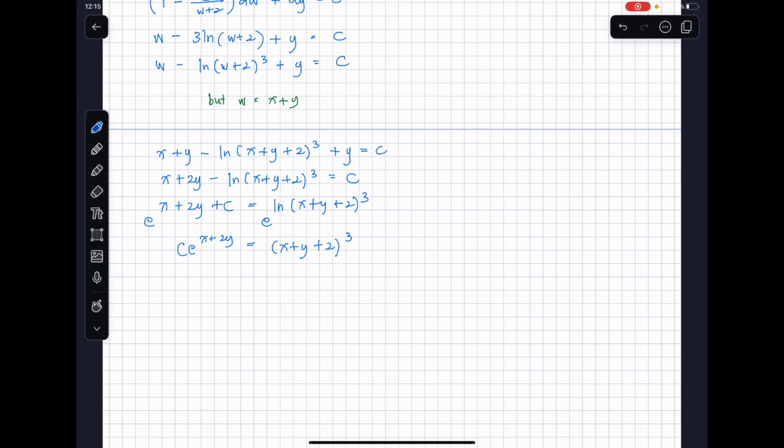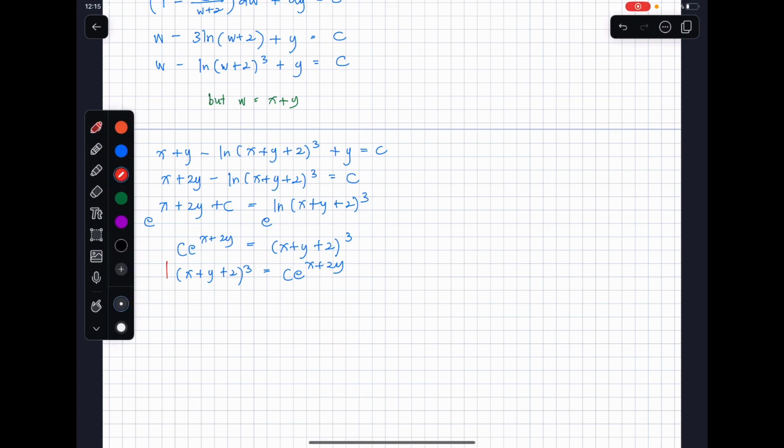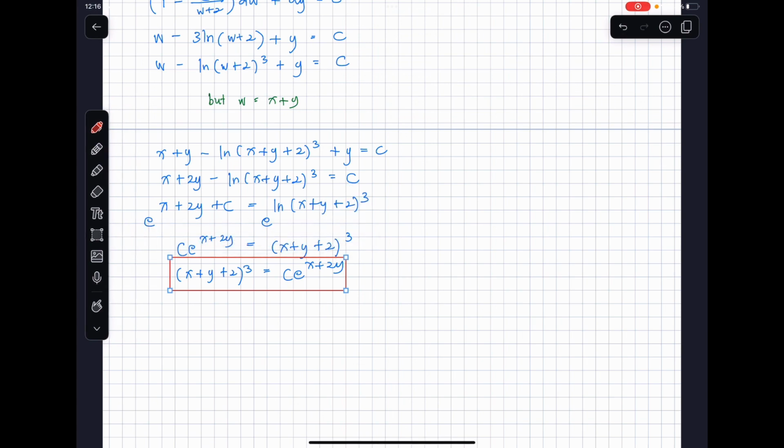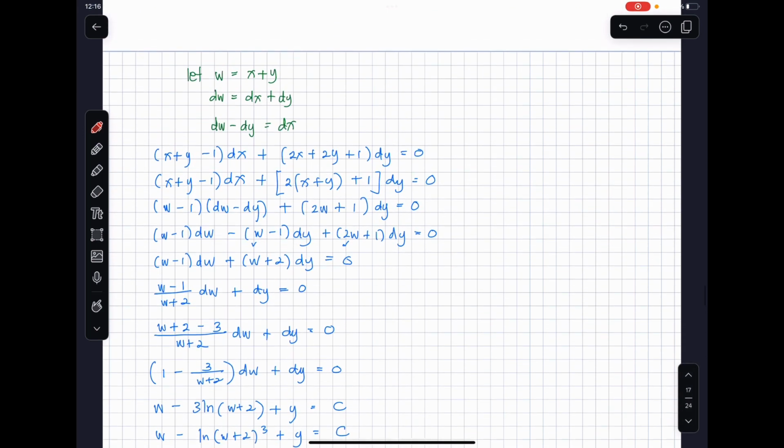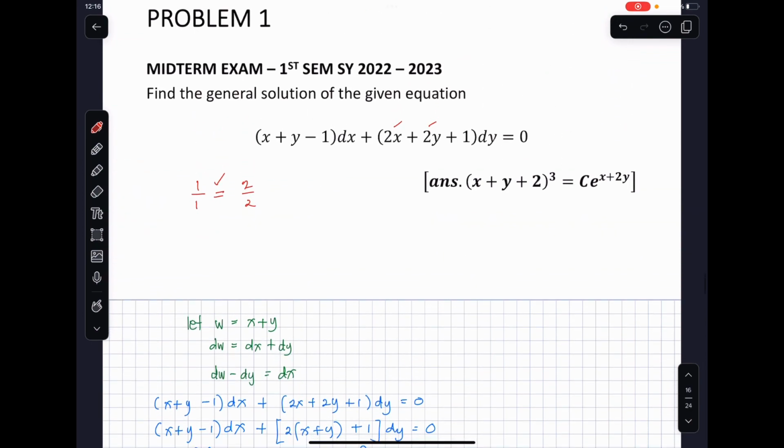If you want to interchange it, that would be okay as well. x plus y plus 2 raised to 3 is equal to c e raised to x plus 2y. Okay, so this would be our final answer. So that is for homogeneous equation, that is case 2.